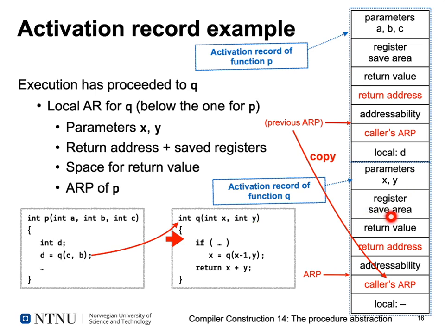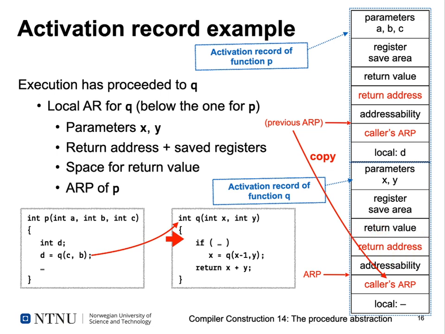It has saved registers here. It has provided space for the return value. It has saved the return address, so the address after the invocation of q and before the assignment to our variable d. This return address has been saved in this location here.